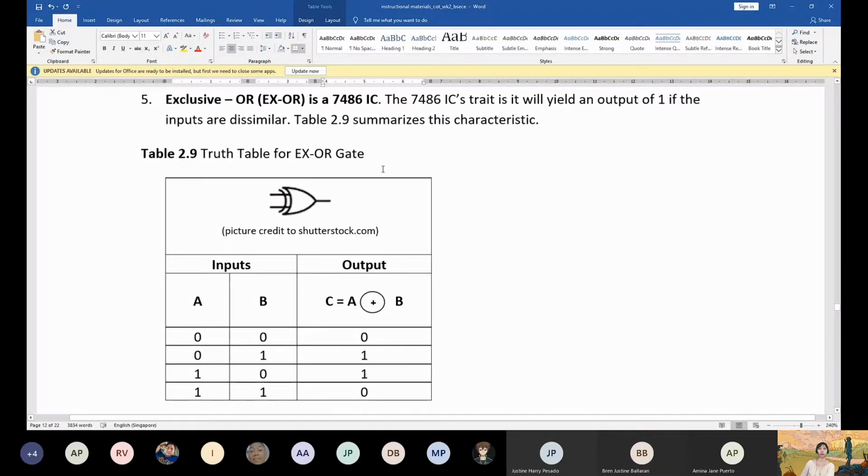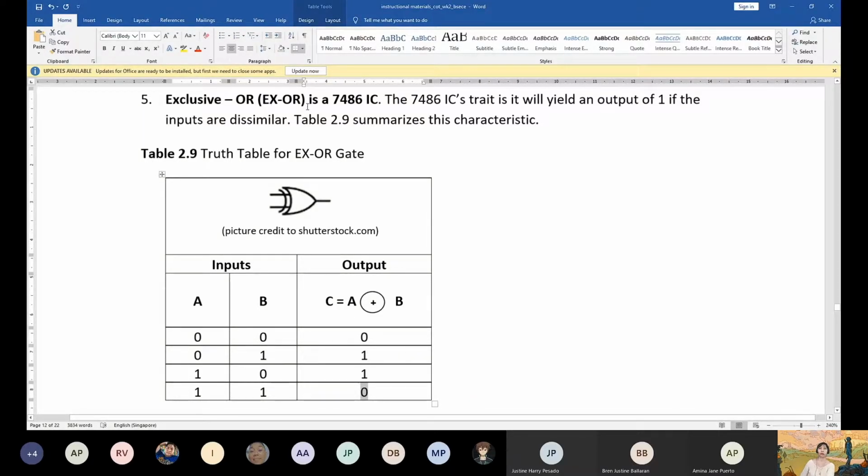Okay, so for XOR, you'll have an output of 1 if the inputs are different. Like 0, 1 or 1, 0. If you have different inputs, that's when you'll have an output of 1. Whereas if you have the same inputs, let's say both A and B are 0 or both A and B are 1, the output is 0.